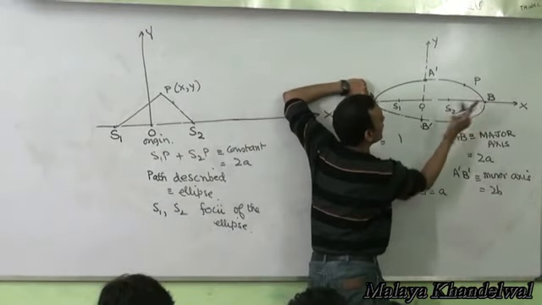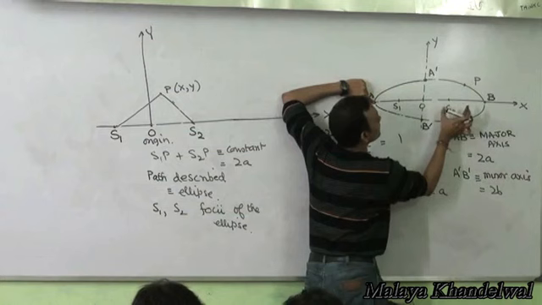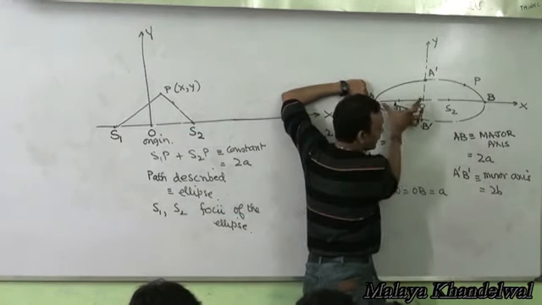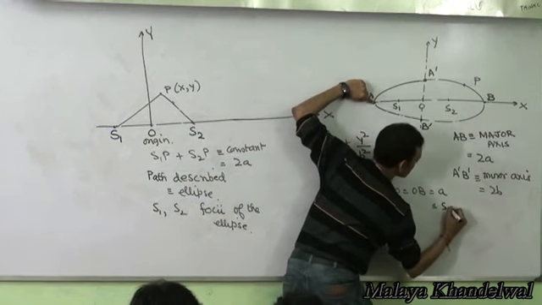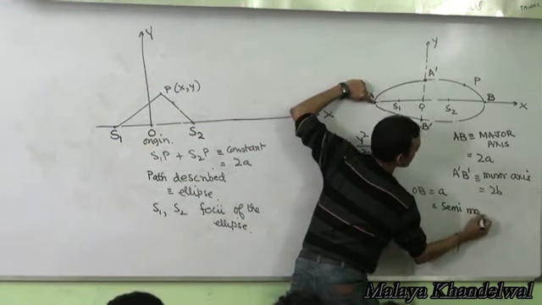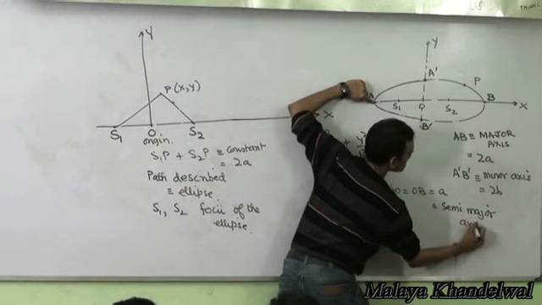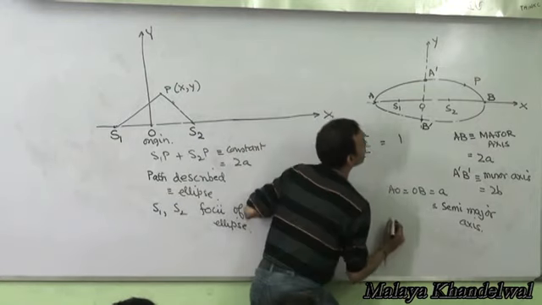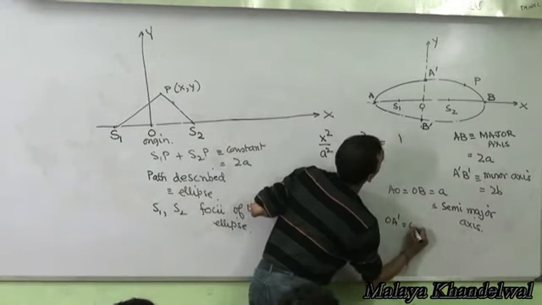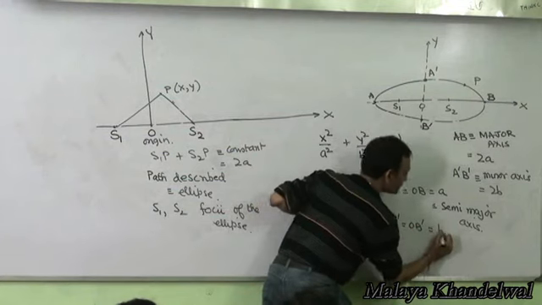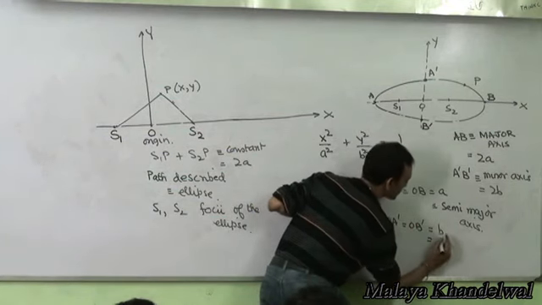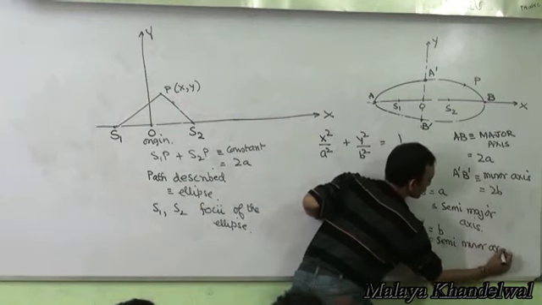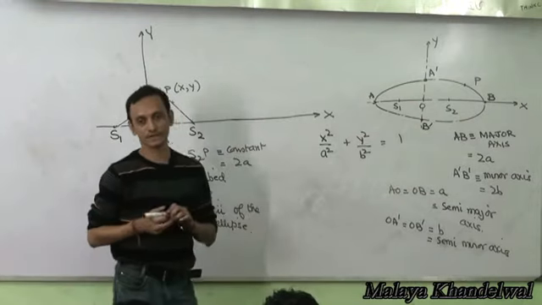If AB is the major axis and O is the midpoint of AB, which will also be the midpoint of S1, S2, then OA equals OB equals a, the semi-major axis. And OA prime equals OB prime equals b. This is called the semi-minor axis of the ellipse.